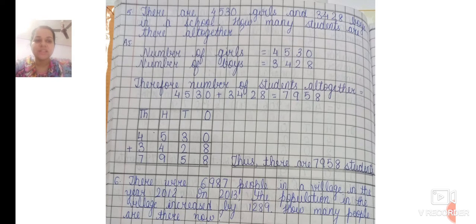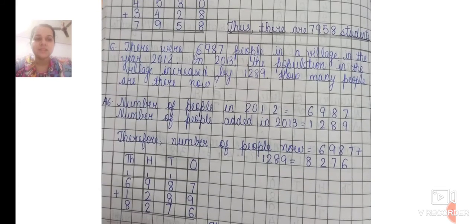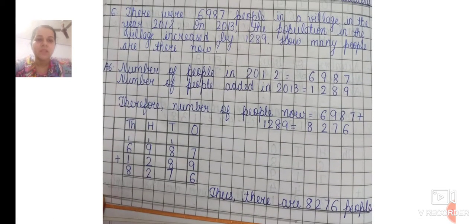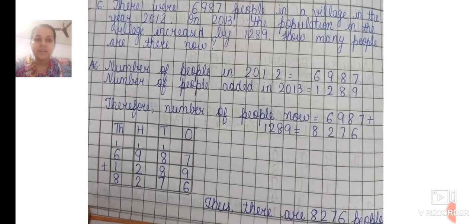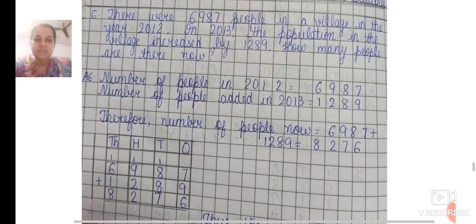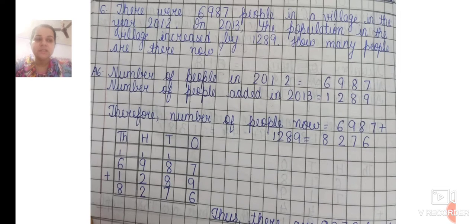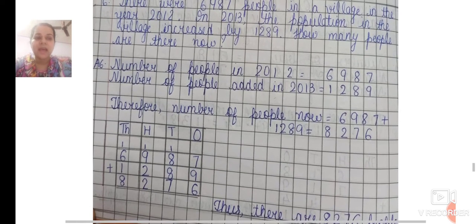Now you will solve sum number 6. There were 6,987 people in a village. In which year? The year is given: in the year 2012.